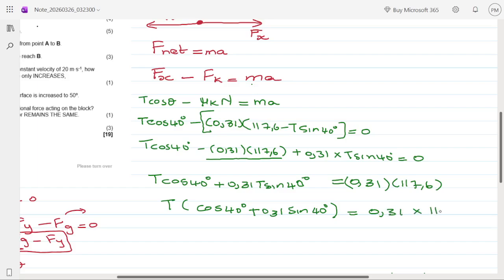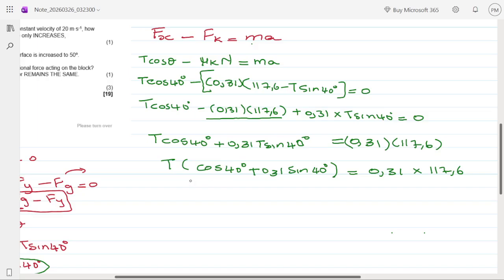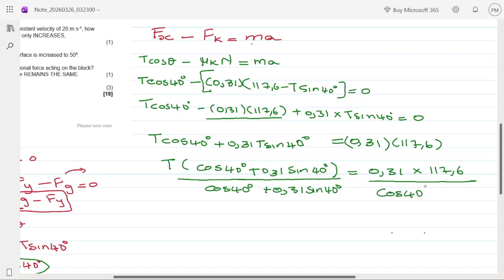So this is 117.6. When I have it like this, I can just divide both sides by whatever I have inside the bracket. I can divide both sides by cos 40 plus 0.31 sine 40 degrees, and divide this whole thing also by cos 40 degrees plus 0.31 sine 40.